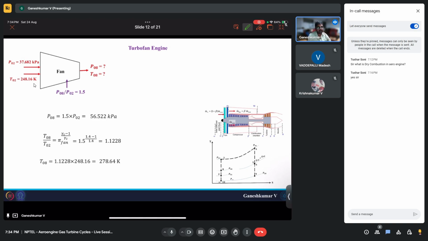Now you must remember, if the fan is not there, it would be entering at a much lower pressure and lower temperature. Okay, so that is something you should know.